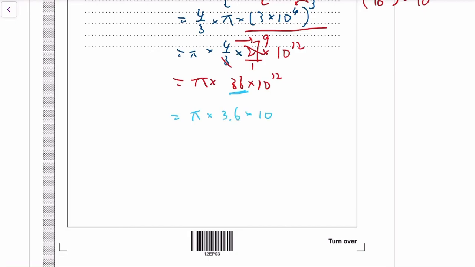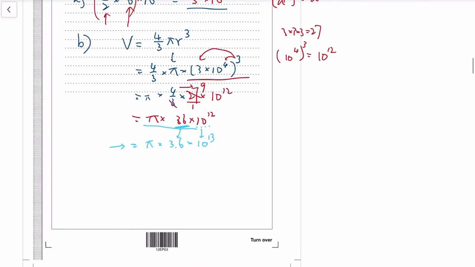But that means at the same time, you have to increase 10 to the power of 12 by 1 more power. Alright, you can imagine this because the 36 got smaller by 10 times. So in order for them to still be equal to each other, the 10 has to increase by a factor of 10.